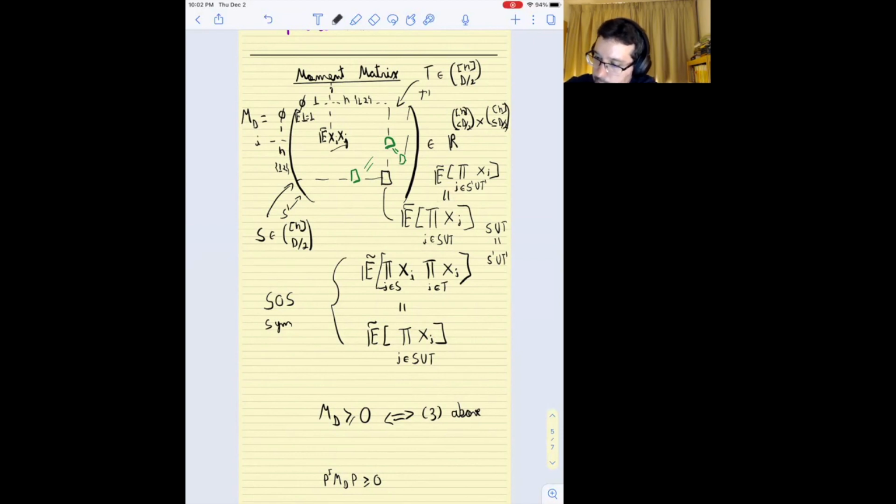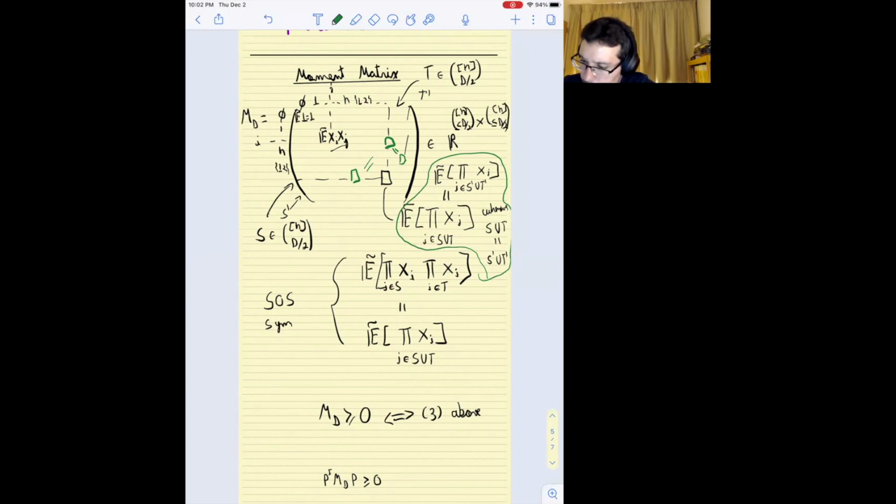this equality. So whenever we have this, very good. And that's part of the SOS symmetry, right? So we really want the entries to represent evaluations of this pseudo expectation operator.